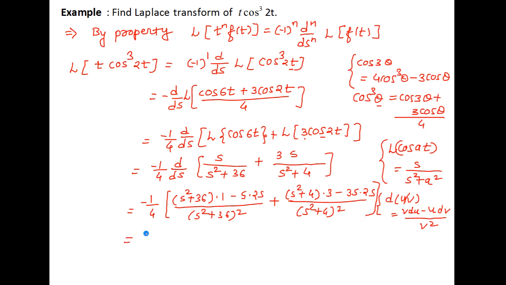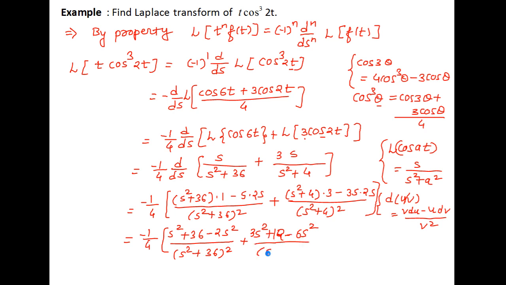Now simplify the terms here. It will be minus 1 upon 4, opening the brackets, (s square plus 36 minus 2s square) upon (s square plus 36) whole square plus (s square plus 4, and here we have to multiply by 3, so it will be then 3s square plus 12 minus 6s square) upon (s square plus 4) whole square.